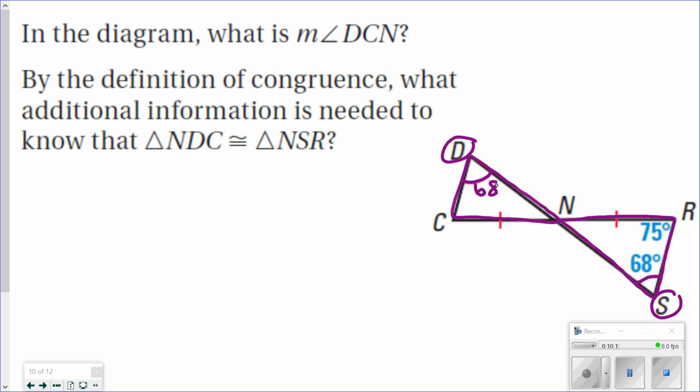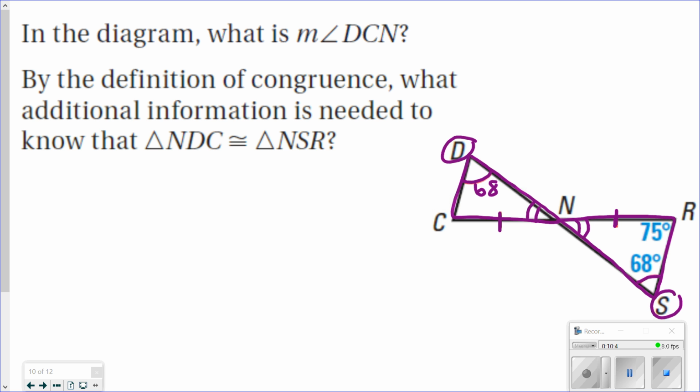I also see that this segment and this segment have tick marks, meaning that those side lengths are also congruent. I also have a pair of vertical angles here, and we know that vertical angles are congruent. Now we don't know what they are, but we do know that they are congruent.